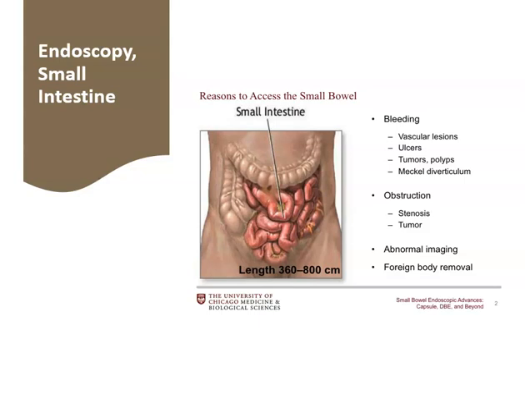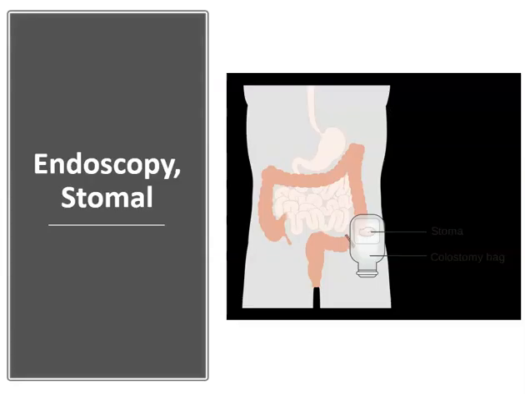All right, so after that, on page 329, then you have endoscopy stomal. And if you're looking on page 330, you should immediately see definitions of proctosigmoidoscopy, sigmoidoscopy, colonoscopy, and colonoscopy through a stoma.